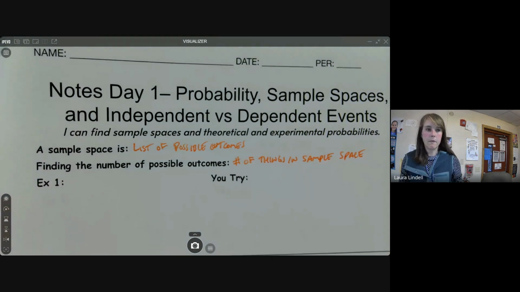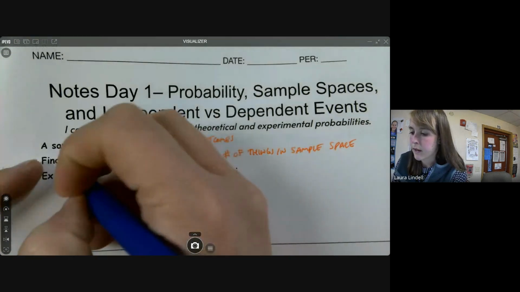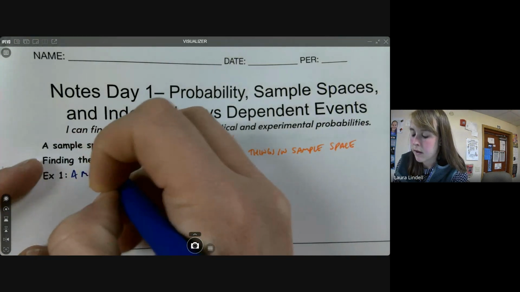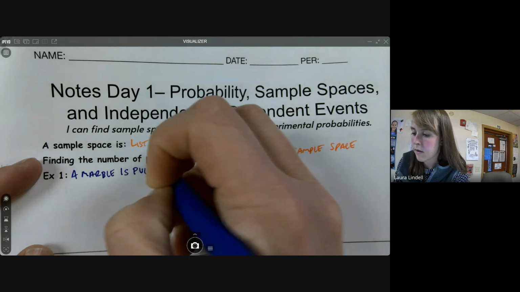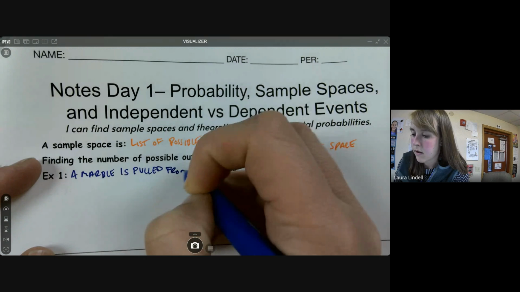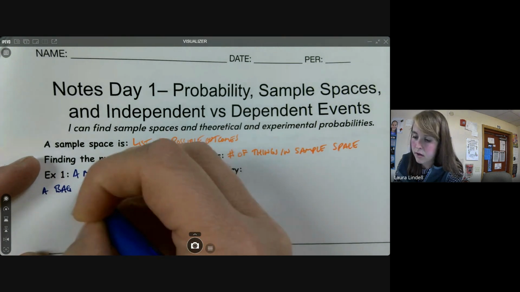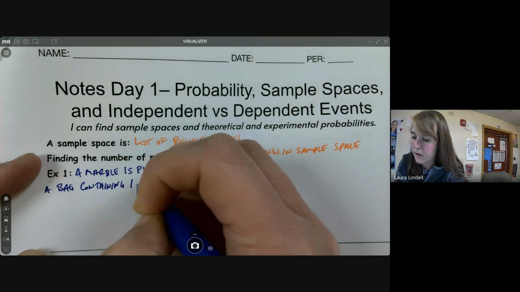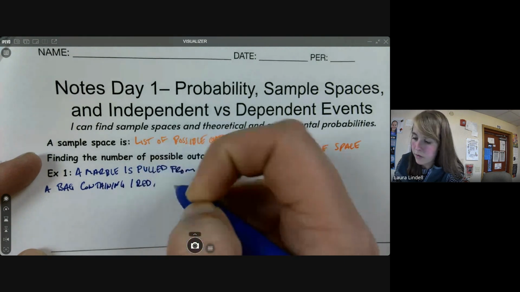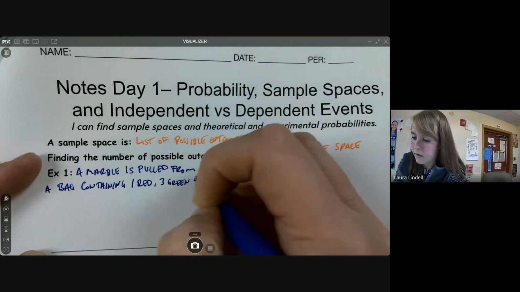Okay. So for our first example, we're just going to think up kind of a random event. A marble is pulled from a bag containing one red, 3 green, and 2 blue marbles.